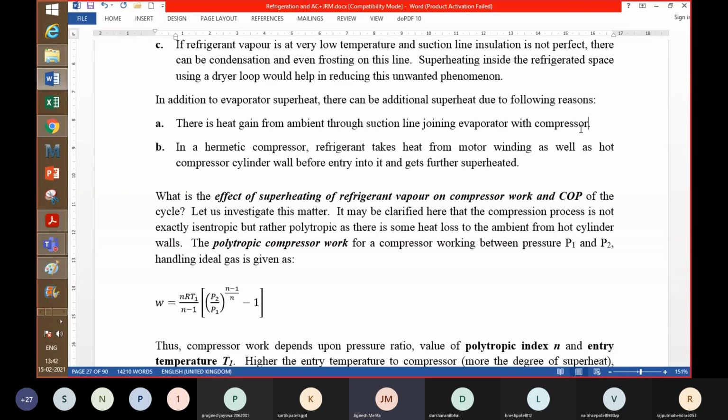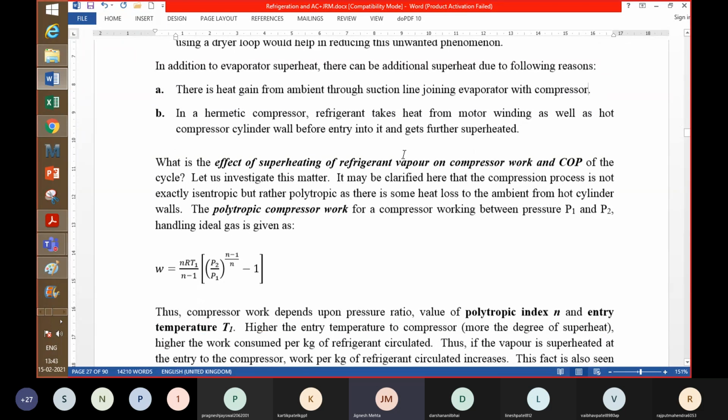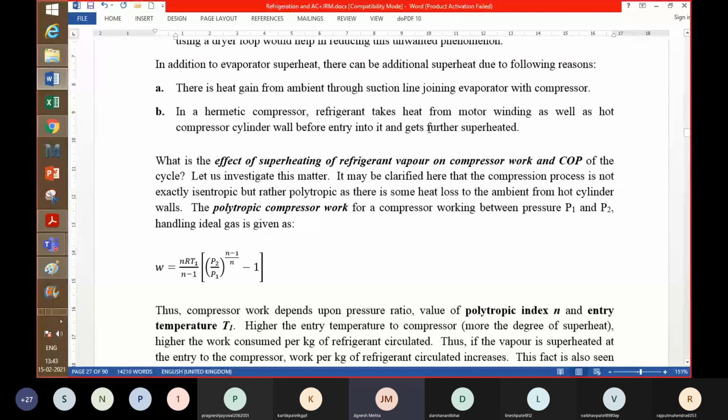So obviously it's going to get heated further, and that's the superheating of refrigerant. And then it is going to enter through the valves in the cylinder head. Before that it comes in contact with some other hot components also, and will get further superheating. Right? So in practice, before it enters into the compressor, it's always superheated.